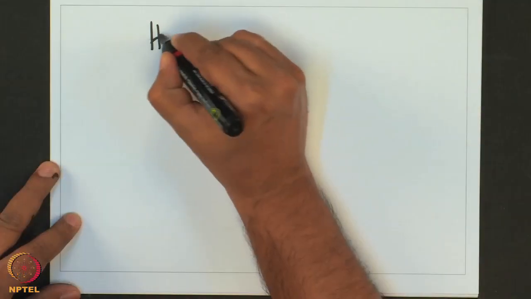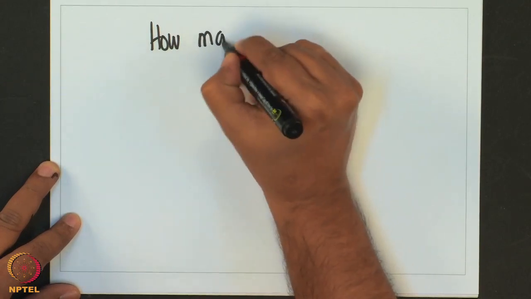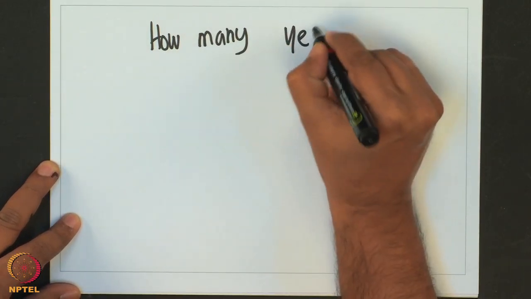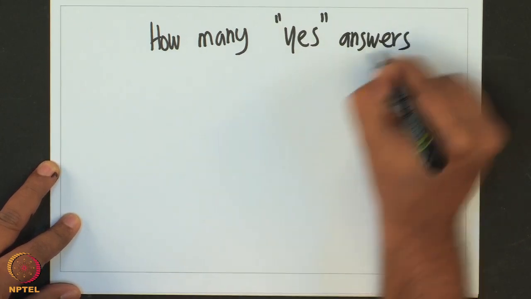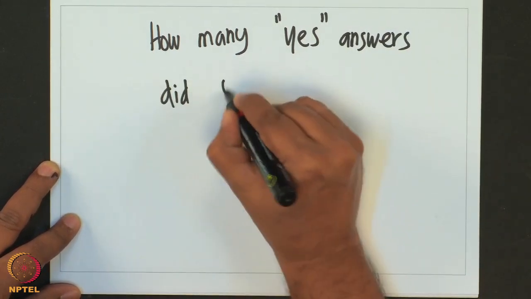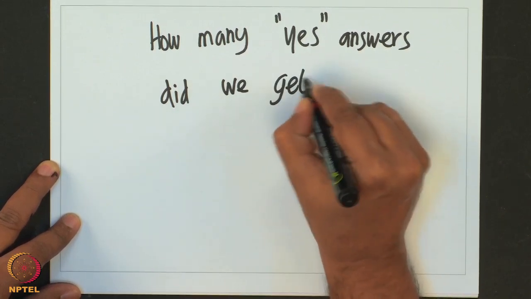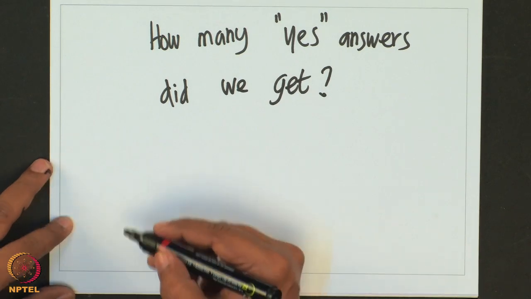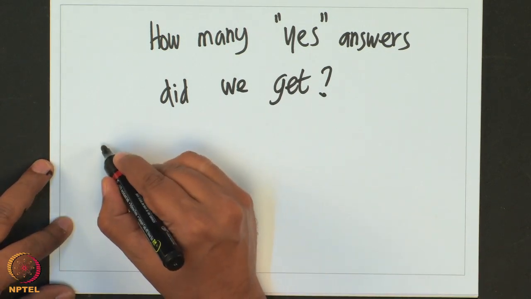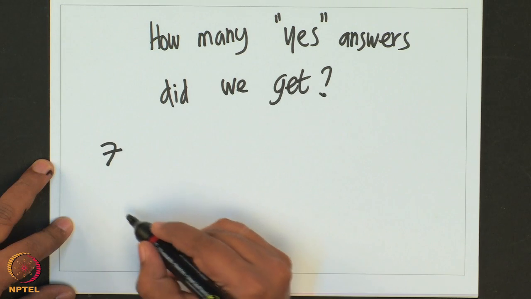After doing this experiment many times, we would tabulate how many yes answers we got. Maybe the first time you did the experiment, we got 7 out of 10 yes answers.